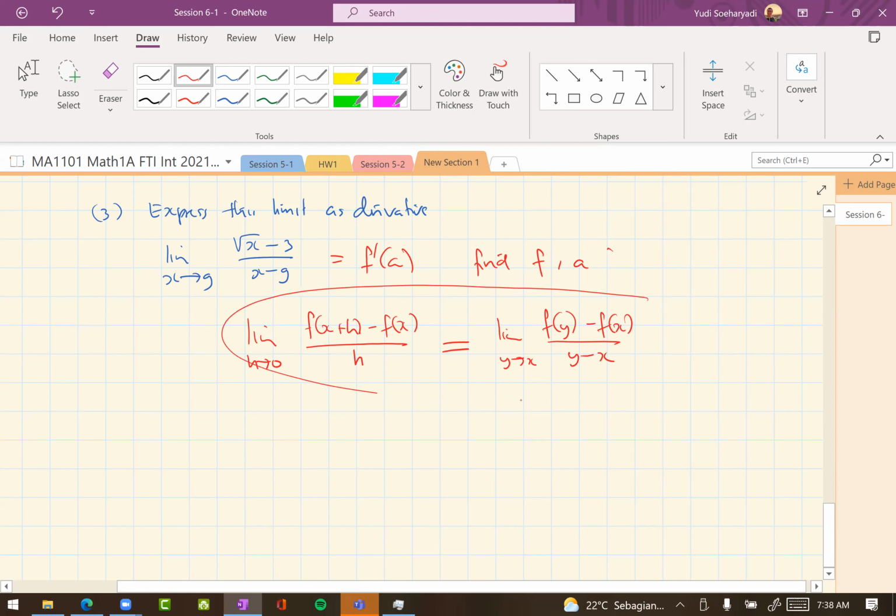We're just guessing here which to use, because we don't see h, and x goes to 9 also. So it looks like it better fits the second form. If this is supposedly in the second form, what should be the f and a?